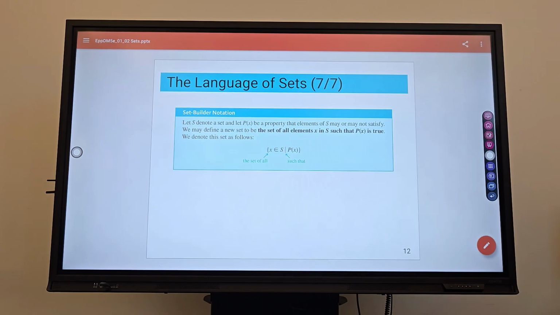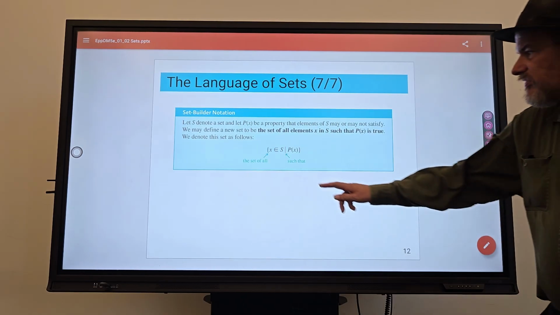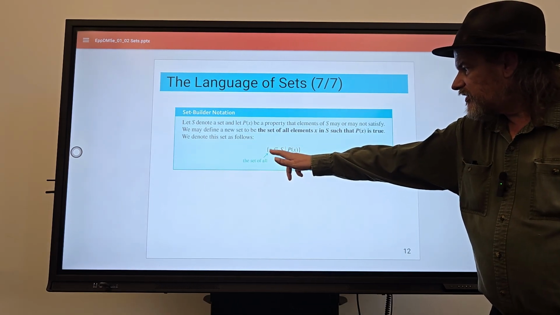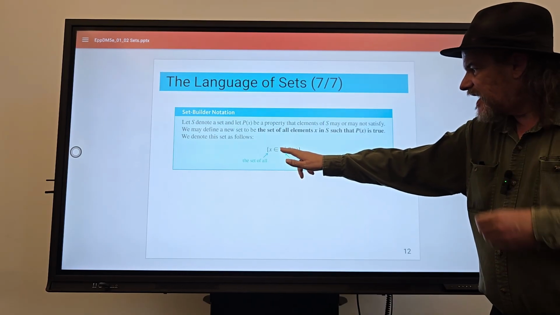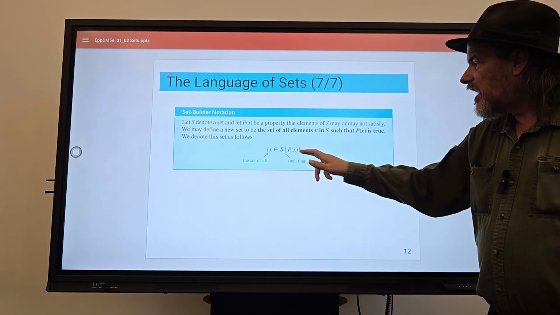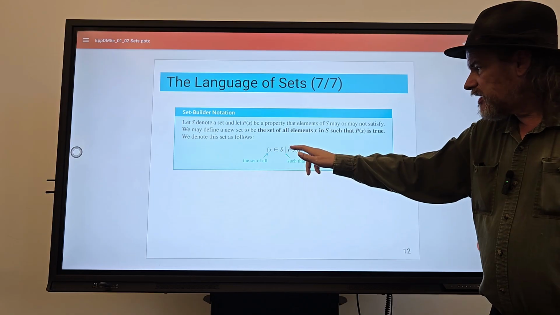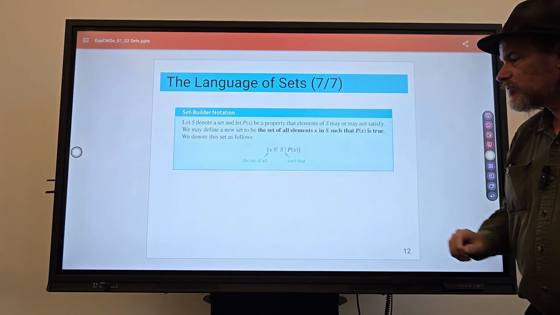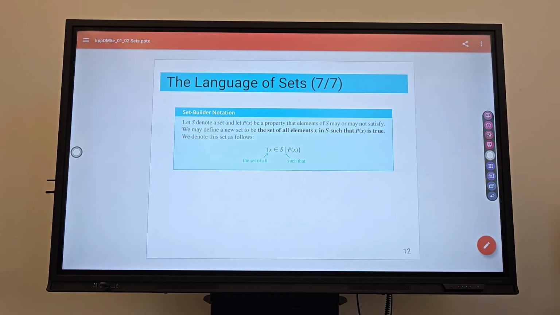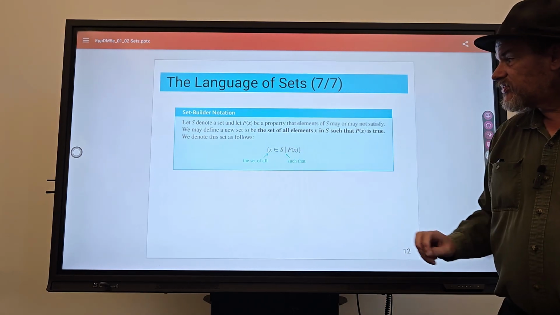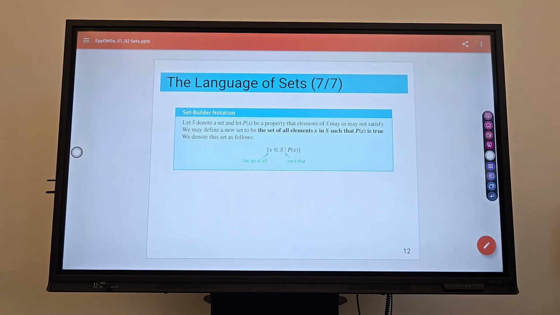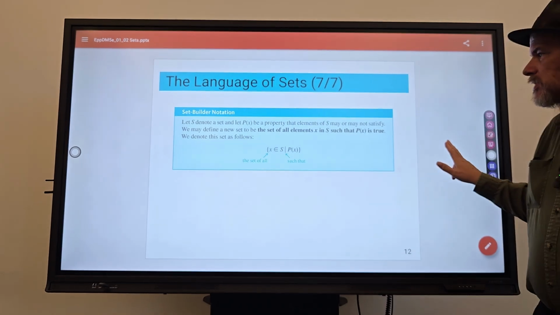So we denote this set as follows. The set of all, in curly braces, X an element of S, and such that, the vertical pipe, P of X is true. So the vertical pipe can be read as "such that." That'll come up later as well.